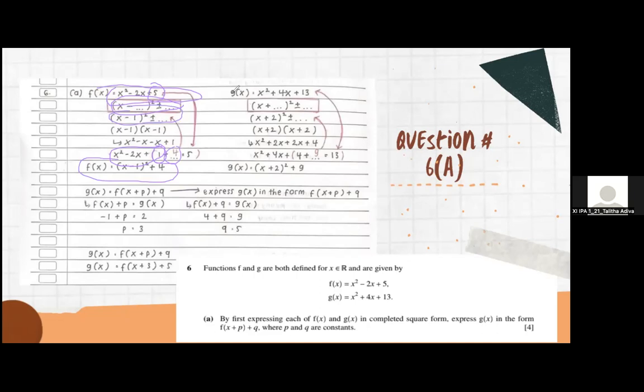And we do the same to the g of x equation. We have to find the completed form of this given equation. And the factorization that most likely approaches this given equation is x plus 2 to the power of 2.